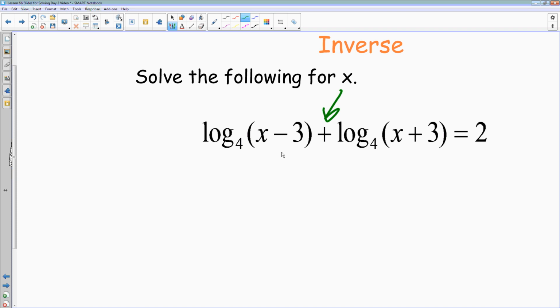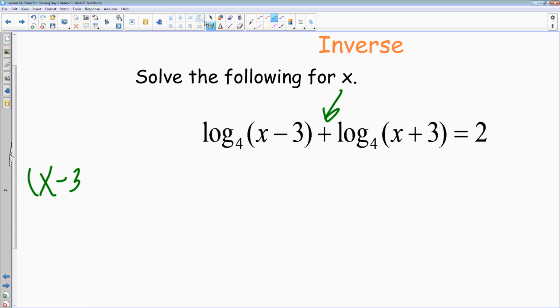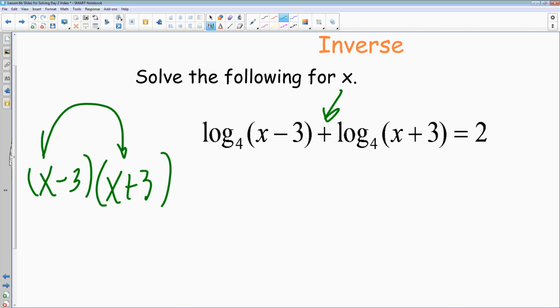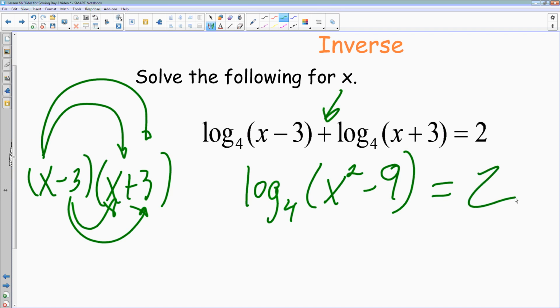So we're going to multiply (x - 3) times (x + 3). Remember, you have to multiply it all out: x times 3, negative 3 times x, and negative 3 times 3. So you'll end up getting log base 4 of (x² - 9) because the middle terms cancel each other out. The other side is still just 2.